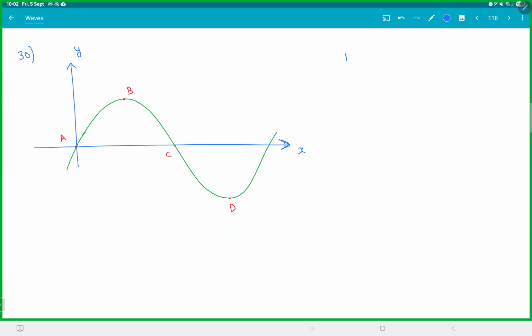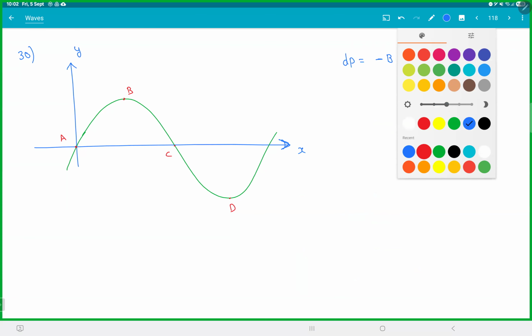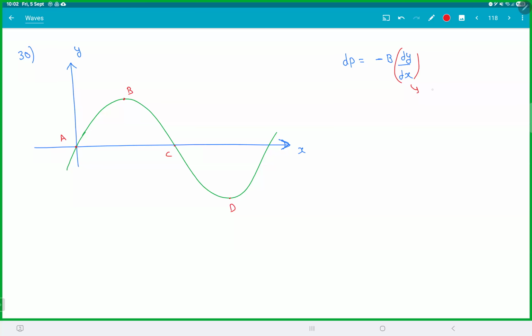So what is your dP? Minus bulk modulus dou y by dou x. This is nothing but your slope. So here the slope is positive. Here slope is 0. Here slope is negative.